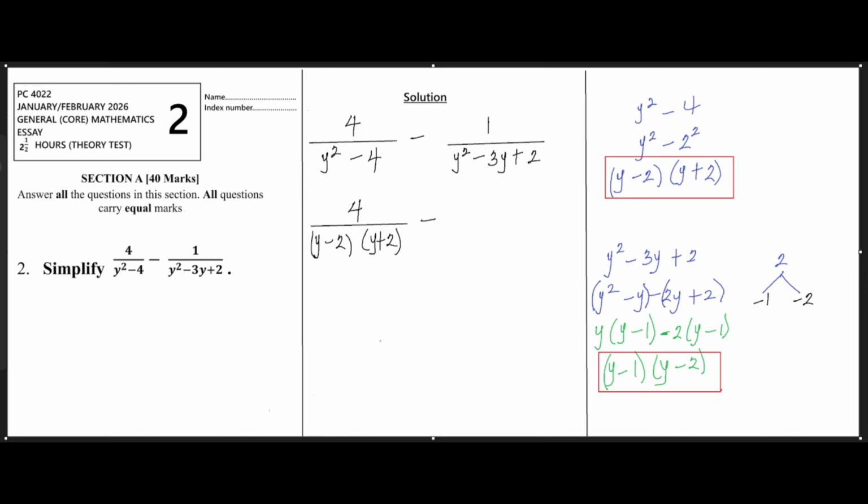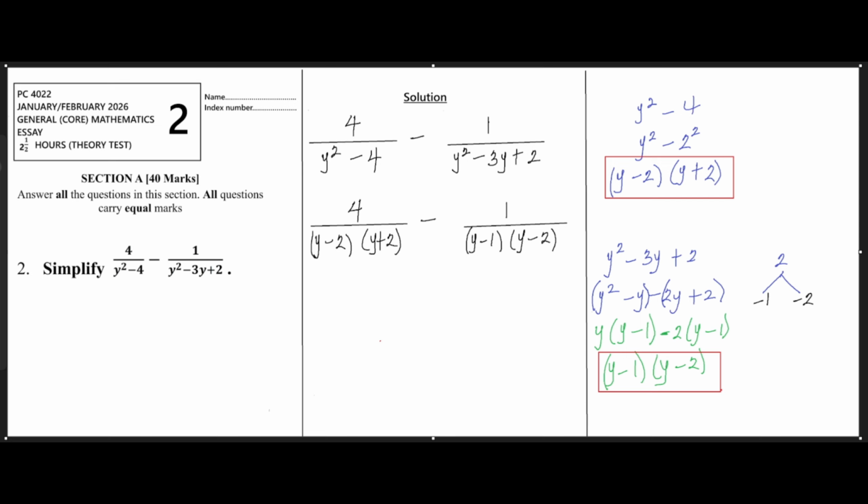So minus 1 on the denominator. Now this time, in place of y squared minus 3y plus 2, we just plug in these factors: y minus 1 multiplying y minus 2.